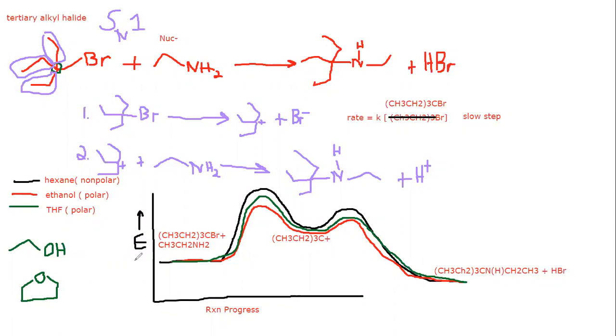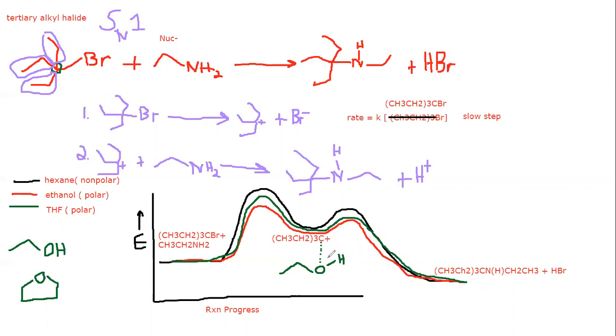So with SN1 reactions, they prefer protic polar solvents, because what happens is that the carbocation gets stabilized by ion dipole interactions with the solvent.